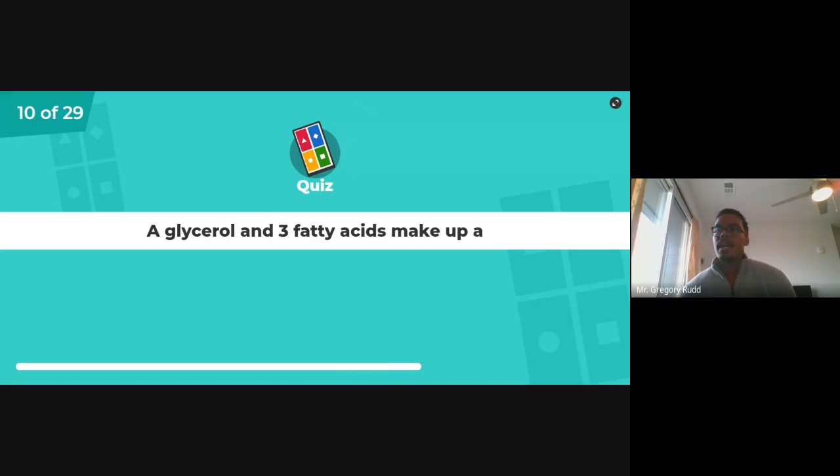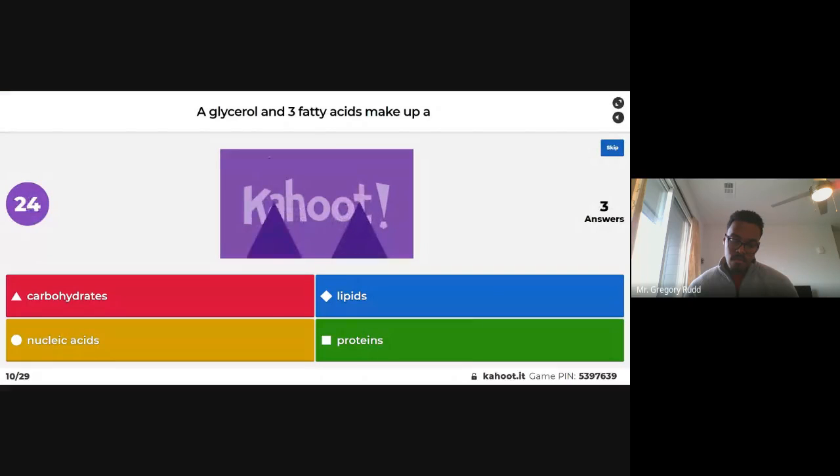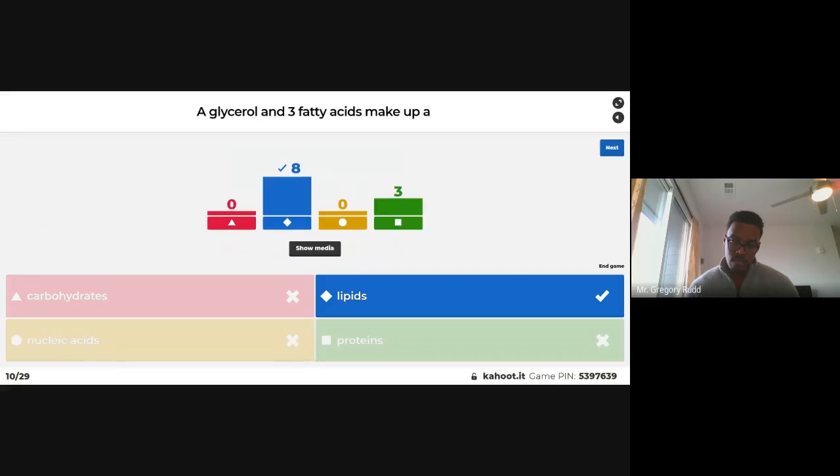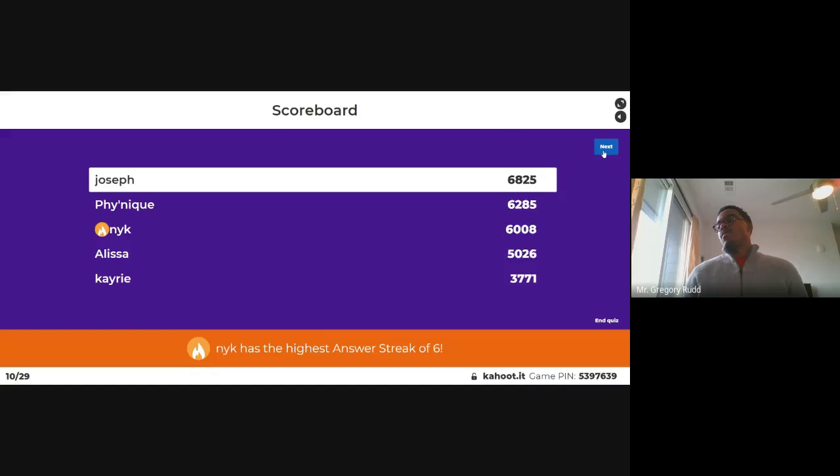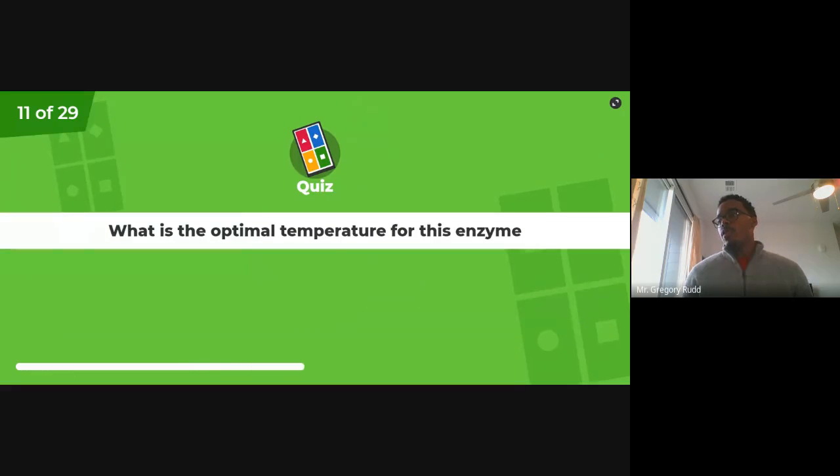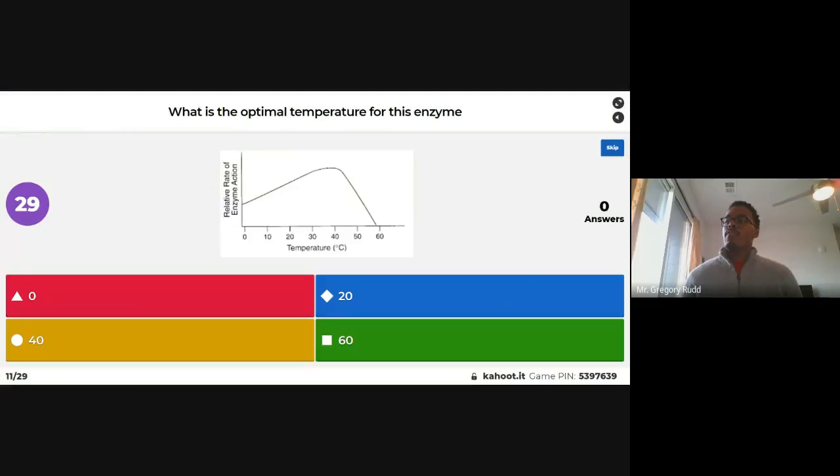Glycerol and 3 fatty acids make up what? Good, lipids. Wow, Nick, 6 in a row. Keep going, keep going. Let's see. What is the optimal temperature for this enzyme? The optimal temperature.